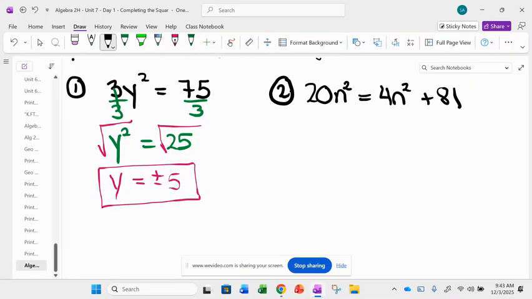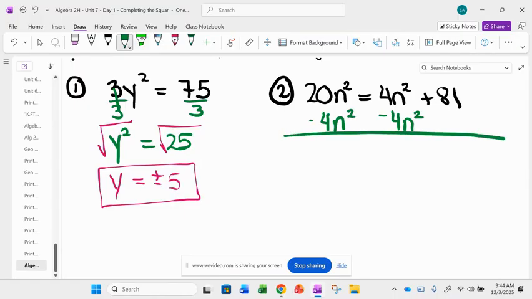So what I need to do is everything that has a quantity that's squared, I need to bring over to one side. So I'm going to subtract that 4n squared on both sides. So this is going to be 16n squared equals 81.